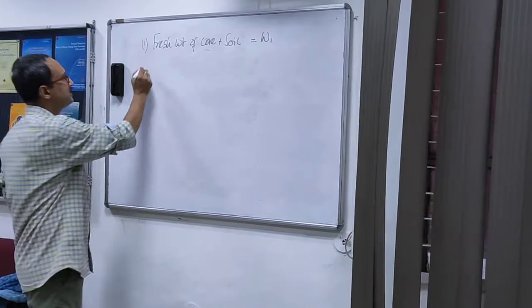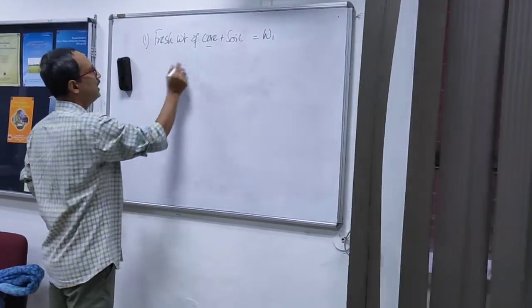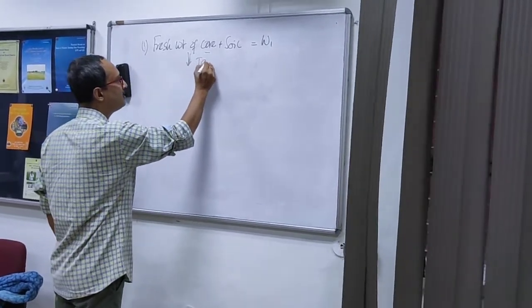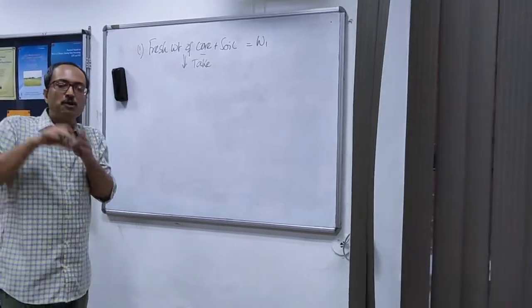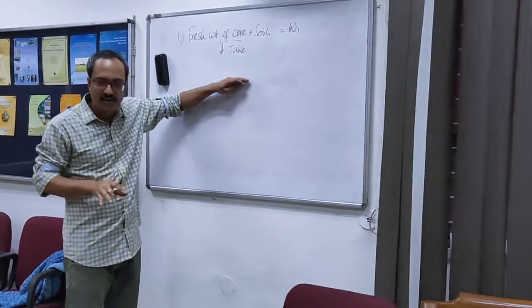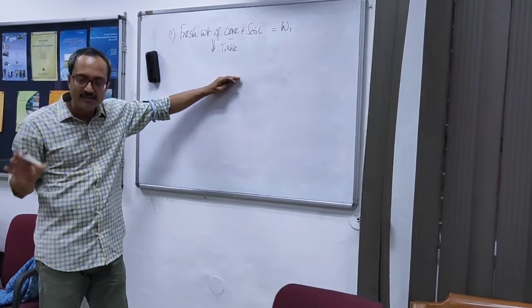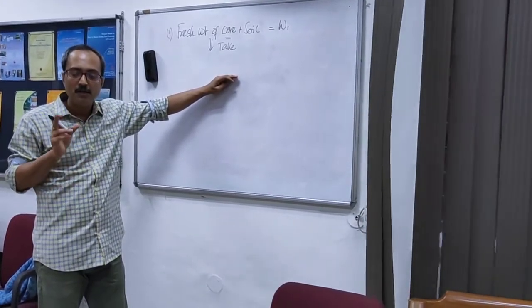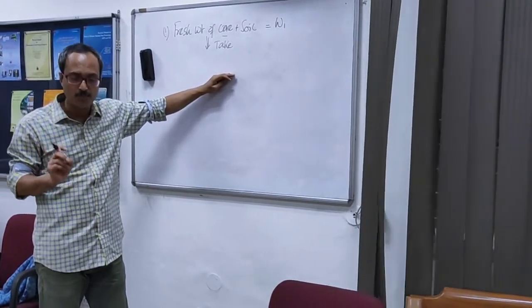Then the second step: take that particular soil into an aluminium box. Why am I saying that? Because now you are going to dry that soil, and if you keep it in the core, then definitely you will have a problem drying the soil at the inner side of the core.